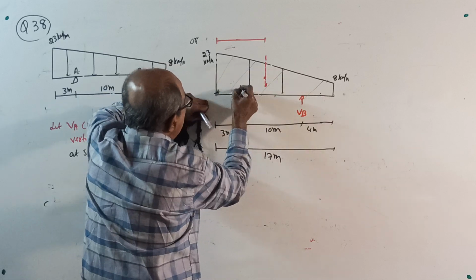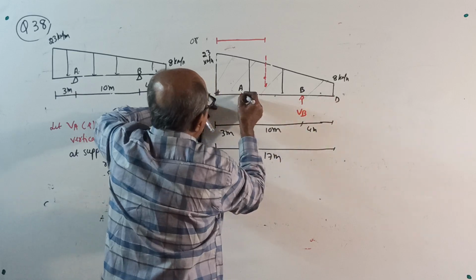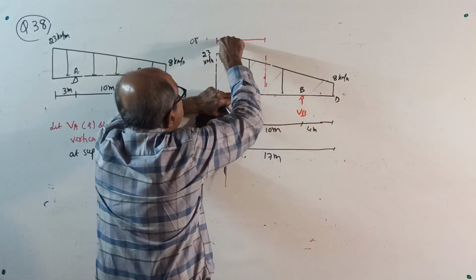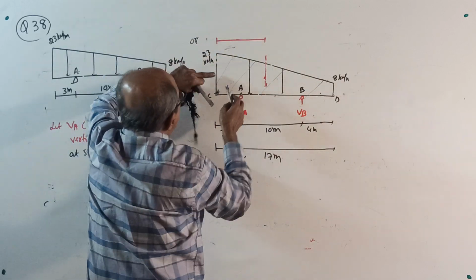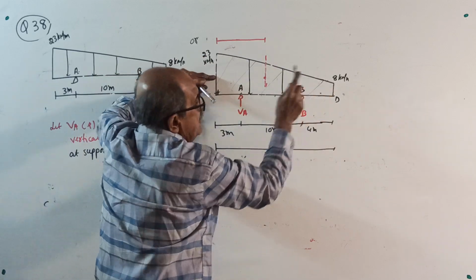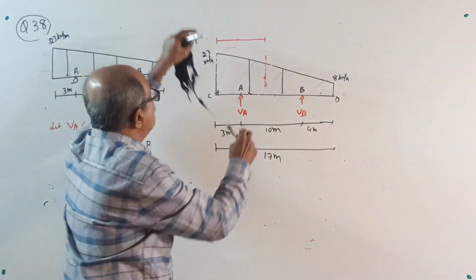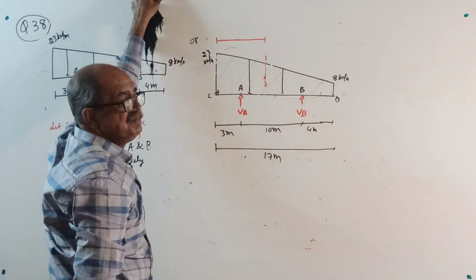We want moment about A. This distance equals 23 plus twice of 8 divided by 23 plus 8, into 17 by 3. From that distance, subtract 3, and you get the value of VB.